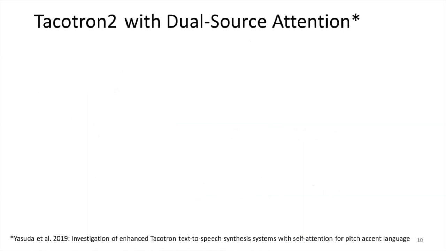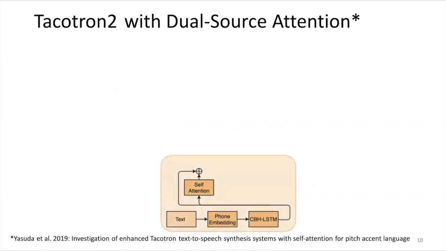Our TTS architecture is basically tacotron 2 with dual source attention. Here is our encoder, and it's similar to tacotron 2, but it's a little different. Instead of a CNN-based encoder, we use CBHG plus LSTM.